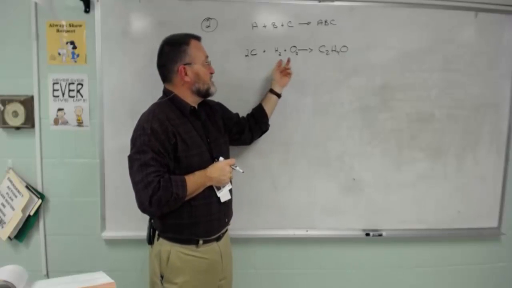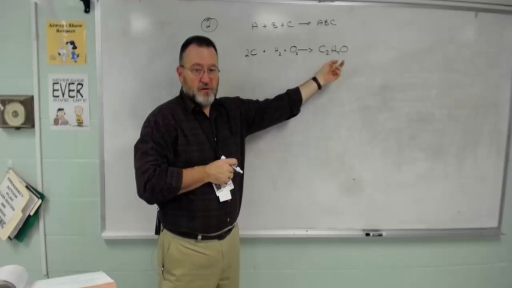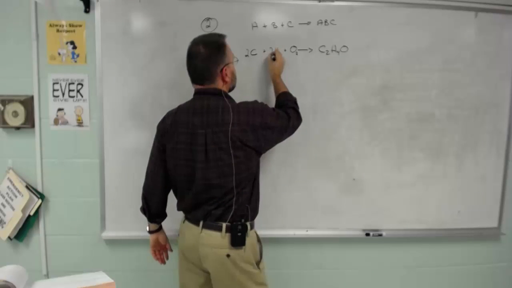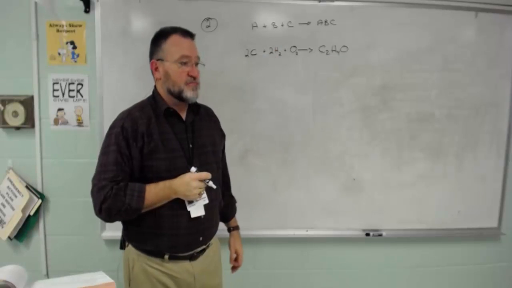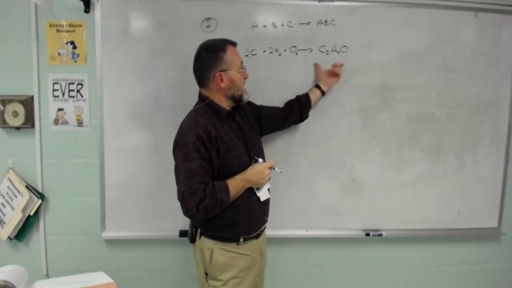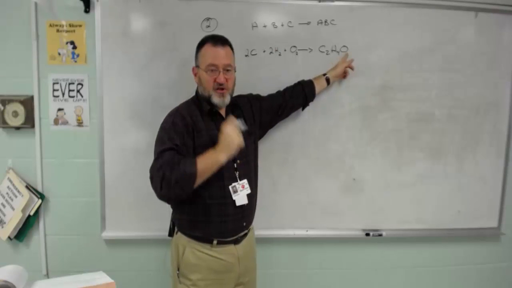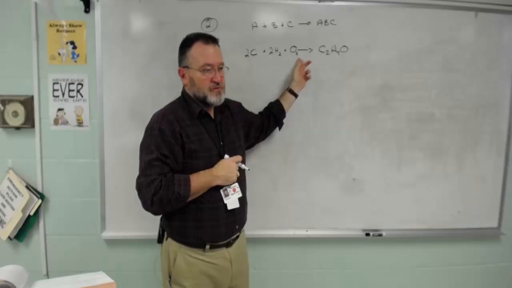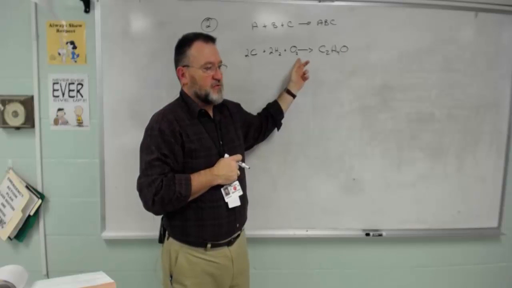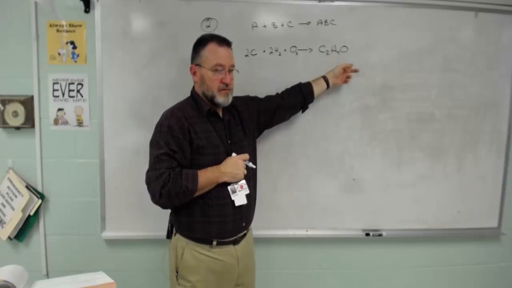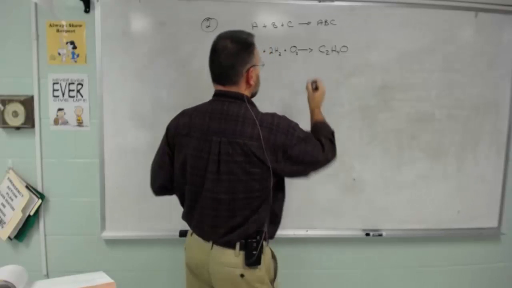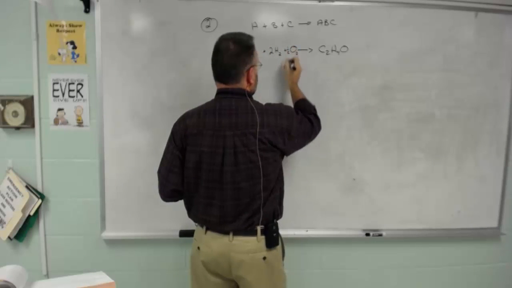So how many sets of 2 do I need in order to have 4? I need 2 sets. And the oxygens. In my molecule, I need 1 oxygen atom. And they're being delivered to me in sets of 2. So how many sets of 2 do I need in order to have 1? Just 1/2. So 1/2 of 2 is 1.